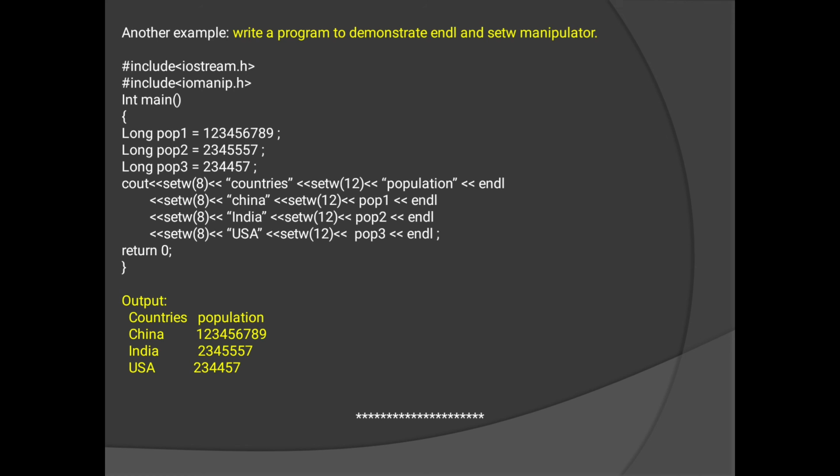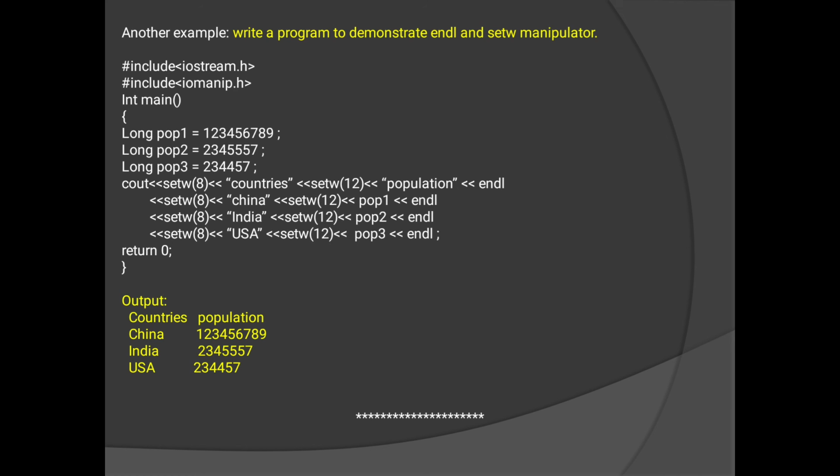So till 12 it will be left out, and then starting from space number 13, the population P will start. Similarly, for the population of China, the digit 1 will start from space number 13. Starting from China, the C will be space number 1, and the population digits will start from number 13.